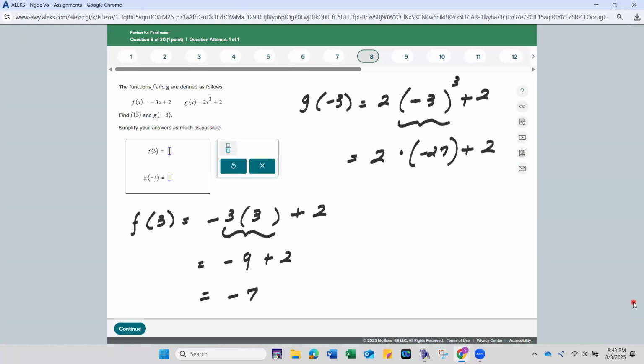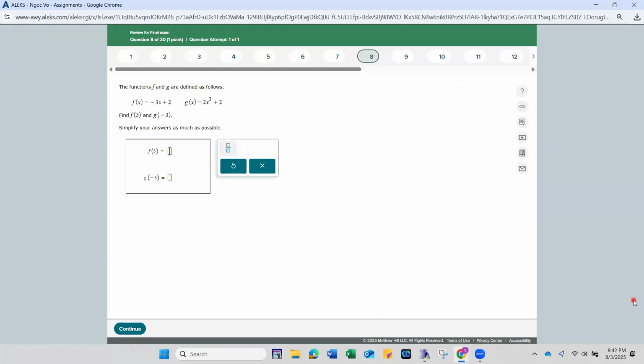Now we do multiplication first. Keep the minus as it is. And now simplify it. So my second answer is negative 52. Once again, reminder, make sure you follow the PEMDAS rule for this particular problem.